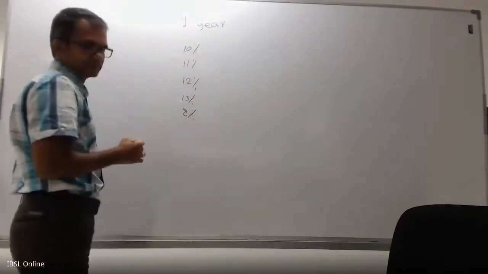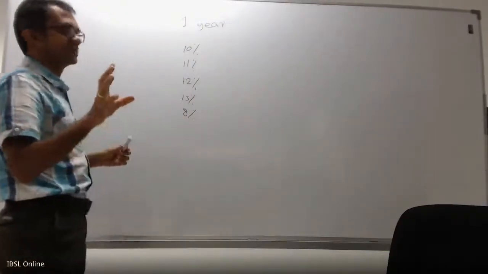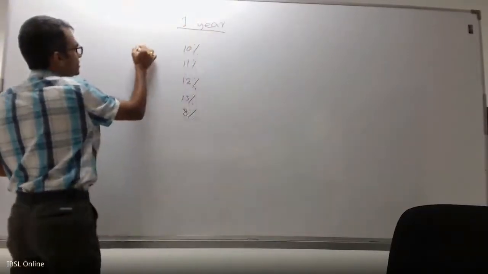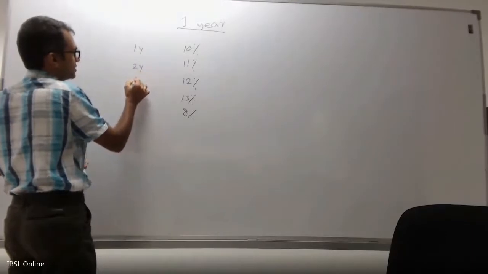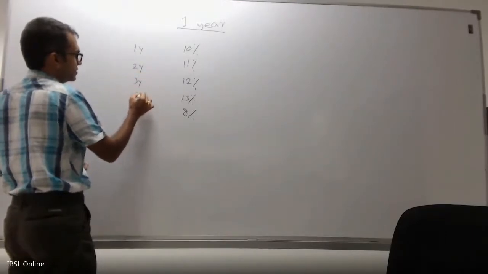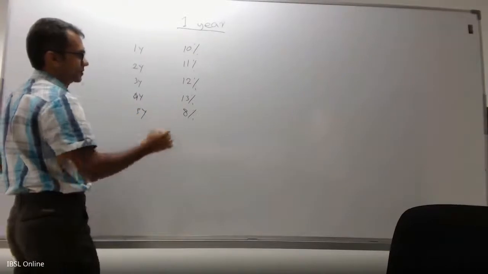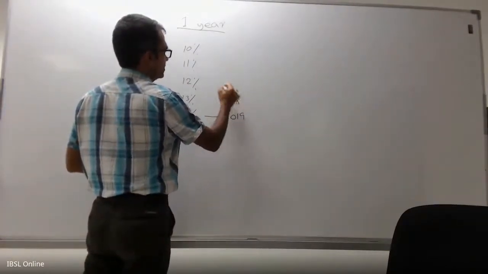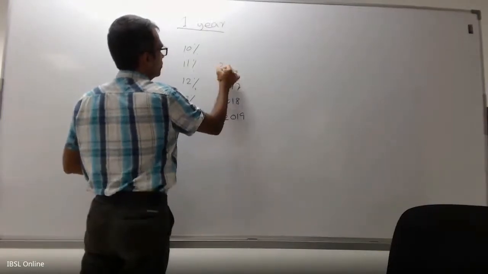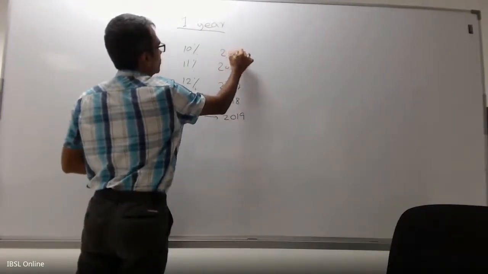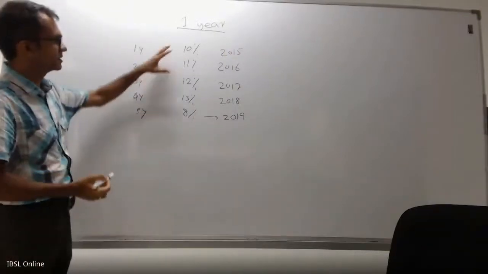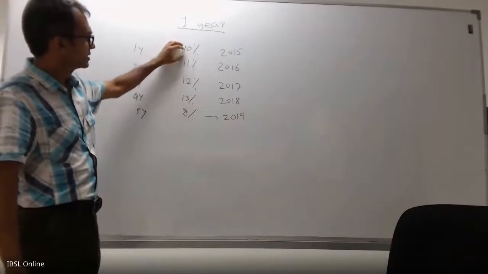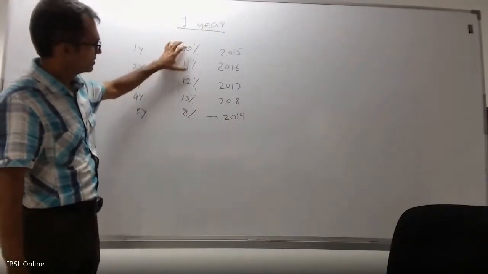Sorry, consider for the time being a single asset's 1 year return over a 5 year period. So if this is 2019, this is 2018, this is 2017, 2016 and 2015. During the last 5 years, whatever the asset has given, these are the returns.